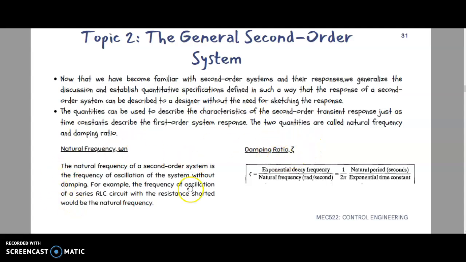The natural frequency of a second order system is the frequency of oscillation of the system without damping. The important part is the frequency of oscillation without damping. You need to know the difference between omega n and omega.